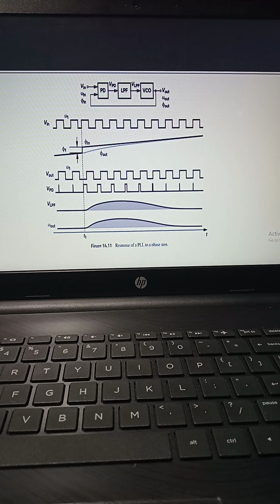The growing phase difference between the input and the output then creates wide pulses at the output of the PD, forcing V low pass filter to rise gradually. As a result, the voltage control oscillator frequency begins to change, attempting to minimize the phase error. The loop is not locked during the transient because the phase error varies with time.